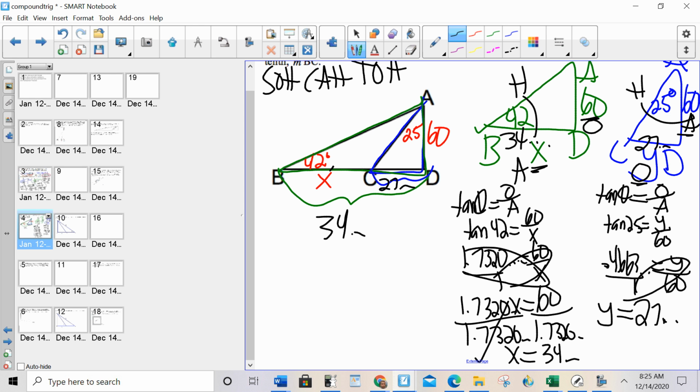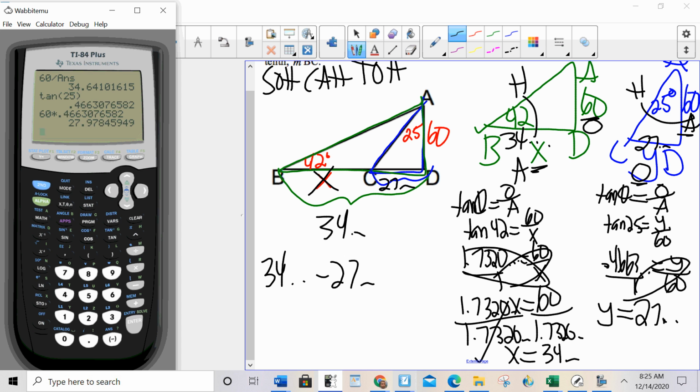So to find this missing piece here, I'm subtracting the 34 and the 27. I'm just going to copy and paste what's in here. There's my 34 minus, there's my 27, and I get that.